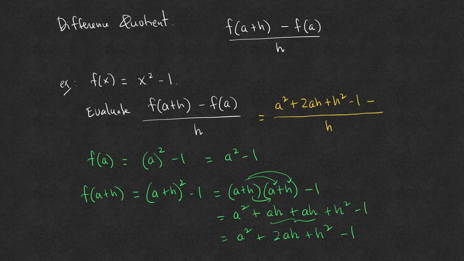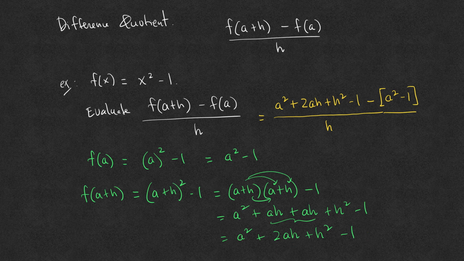Minus f of a is a squared minus 1. Don't forget to put the minus inside the brackets or the parentheses because we want to subtract the entire f of a. What we did was simply replace the expression f of a plus h with a working expression.